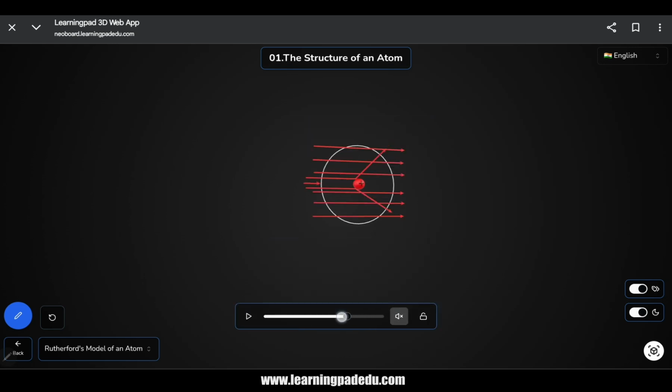When he saw that, here in this picture, some rays were passing straight, that indicates that most of the space in an atom is empty. And some were deflected at the center. This indicates that the positive charge is in the center, and that too very small in size, and electrons revolve around the nucleus.